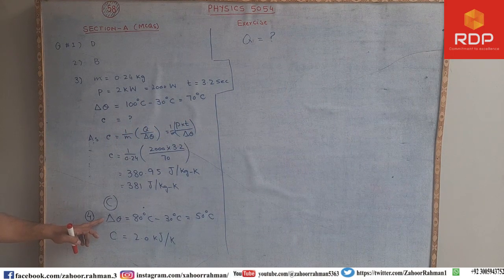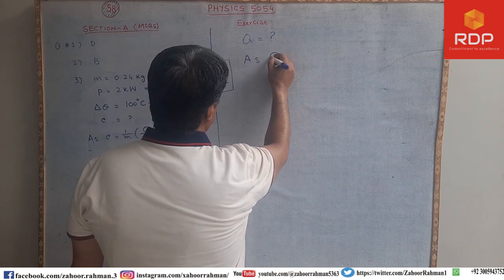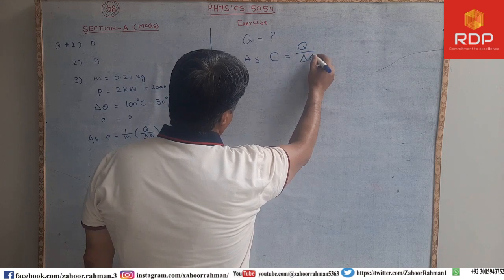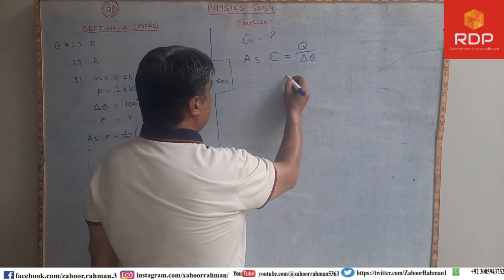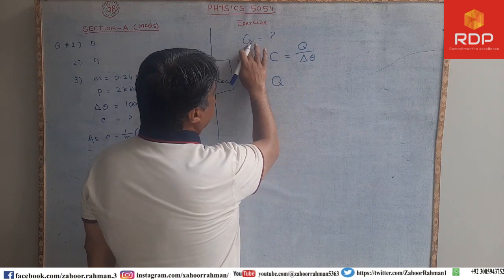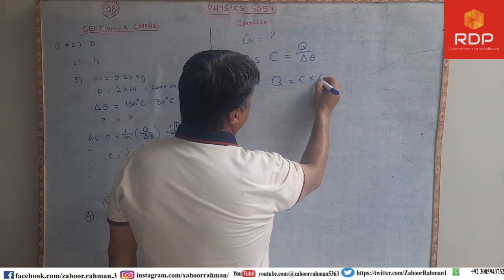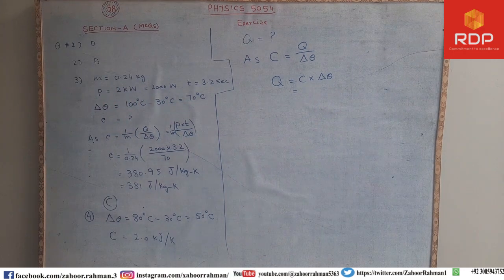Keeping in mind that C is equal to Q divided by delta theta, we can make Q the subject because we are finding Q. So we leave Q on one side and C into delta theta on the other side, and that will be in joule.